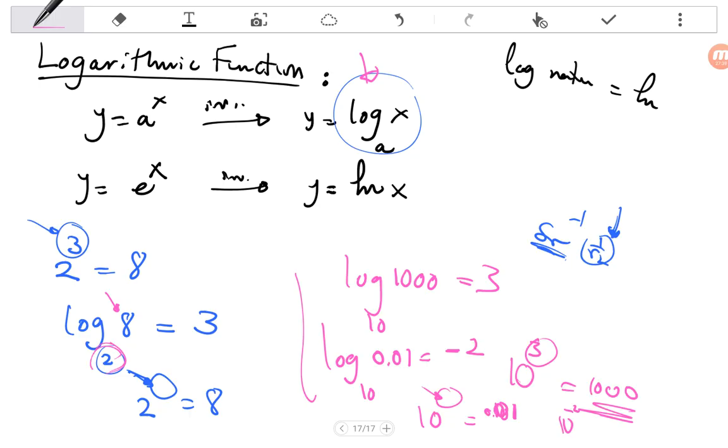They have made tables for the log function or the ln function for values that have non-integer values. For example, what if I need to solve this equation, 2 power x is equal to 5?